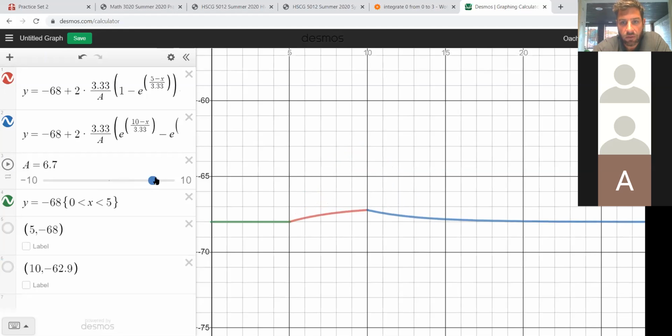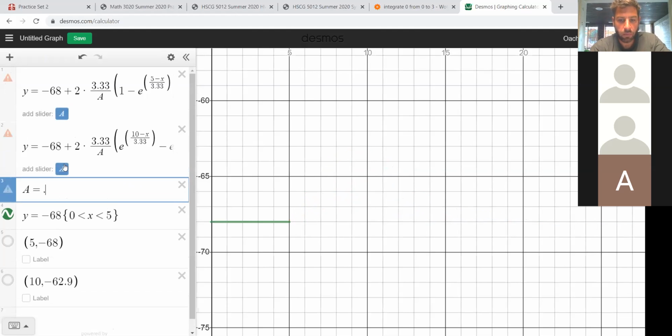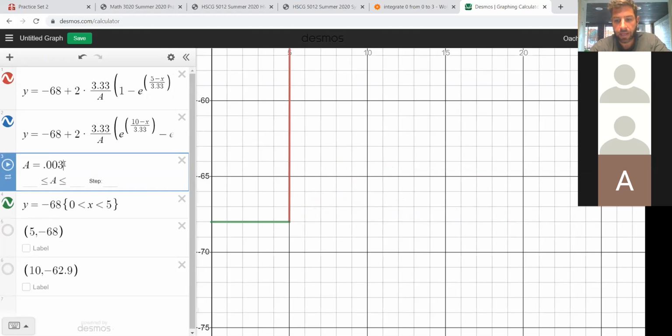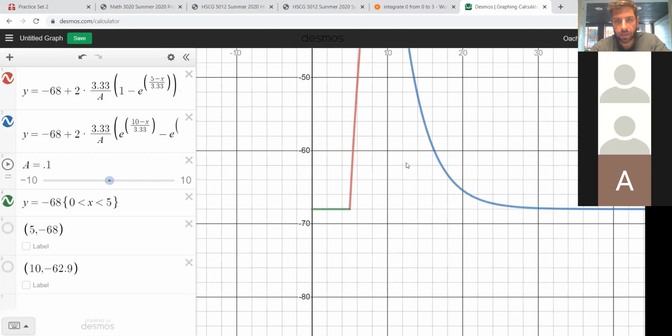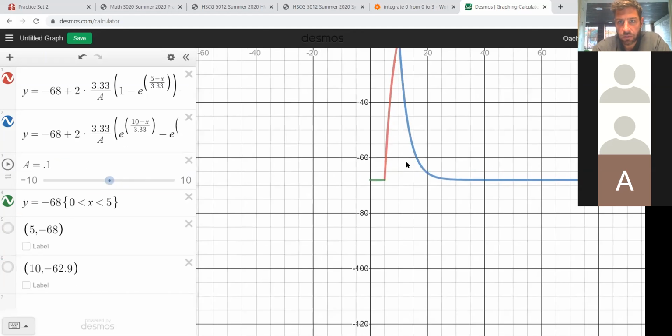Imagine tau, and then you take smaller. What if A, for example, is 0.003? Well, now it's huge. Look what happens when you have this value of A. Now you get this sort of shape.